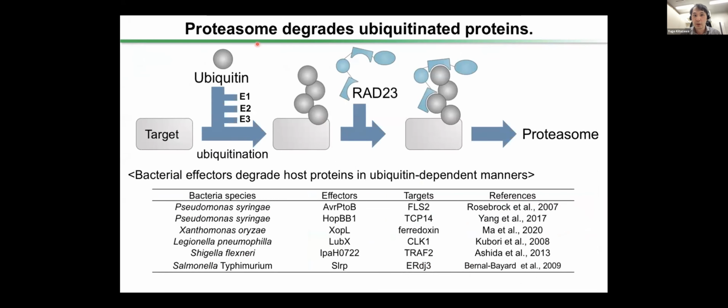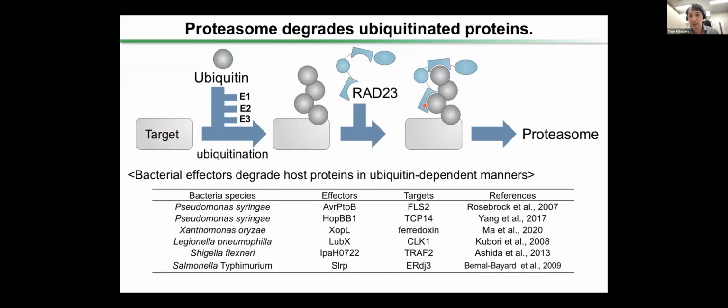Usually, the proteasome degrades ubiquitinated proteins. In the first step of degradation, ubiquitin binds to the target by the function of three enzymes, E1, E2, and E3, and ubiquitinated proteins are recognized by a protein called RAD23 through the interaction of RAD23 with ubiquitin.